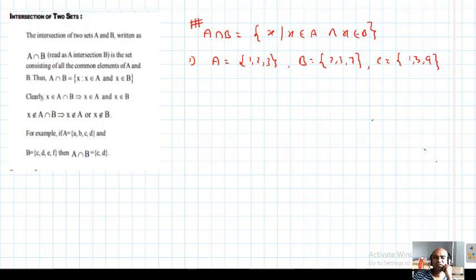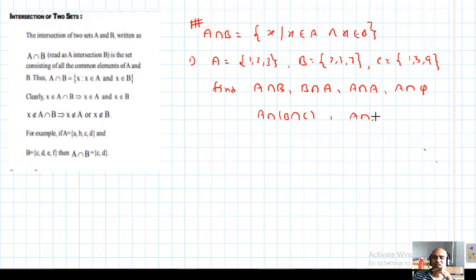Okay, find A intersection B, B intersection A, A intersection A, A intersection φ, A intersection of (B intersection C), and (A intersection B) intersection C. What do you notice?